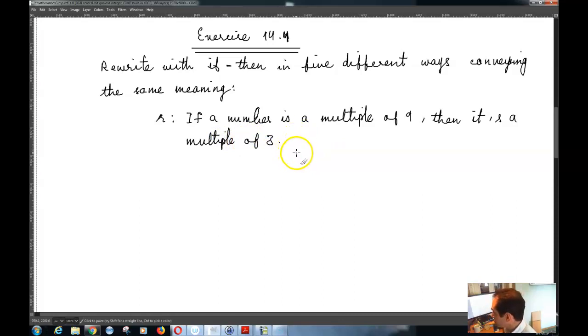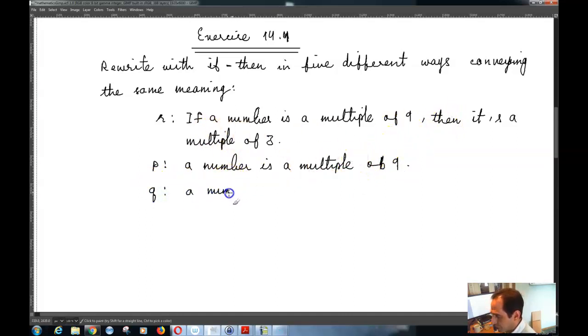Now let P and Q denote these two statements. P denotes a number is a multiple of 9, meaning this first statement, and Q is the statement a number is a multiple of 3.